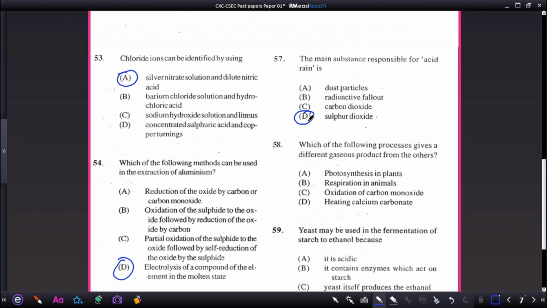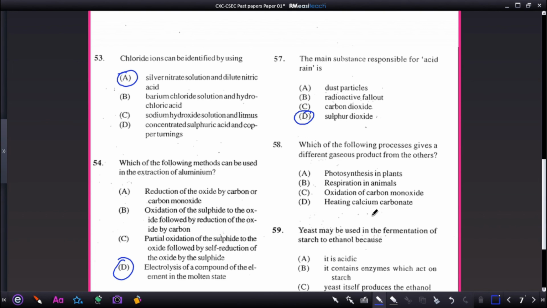58. Which of the following processes gives a different gaseous product from the others? Photosynthesis produces carbon dioxide and the sugar. Respiration is the reverse of the photosynthesis forward reaction, and it produces carbon dioxide and water.